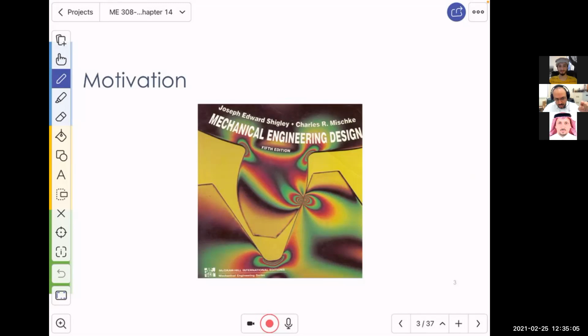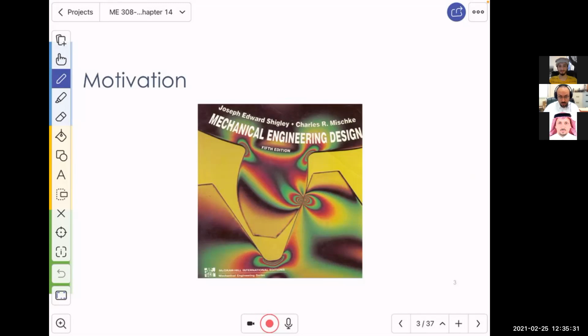I had this picture on the cover page. This was back in 2002 and 2003. So what is this picture? As a motivation, let me talk about it for about 5 minutes, and then we will move on.